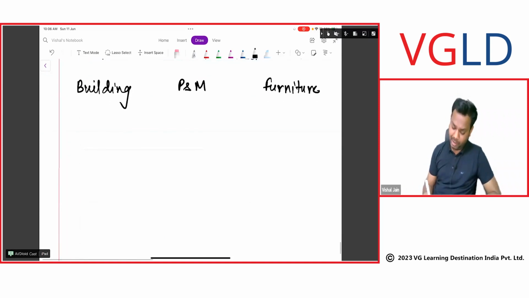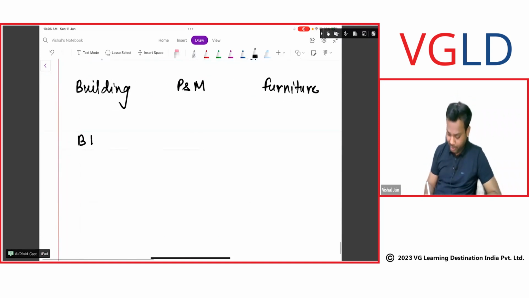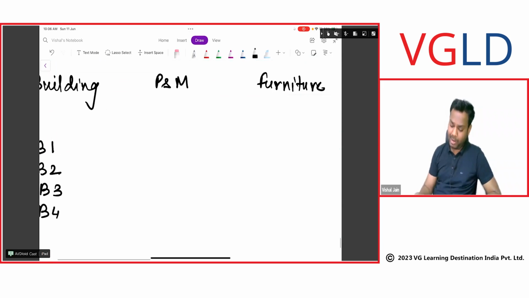Now, in building, there will be building number 1, 2, 3, 4. There will be multiple buildings. Now, plant and machinery: there will be plant and machinery number 1, 2, 3.